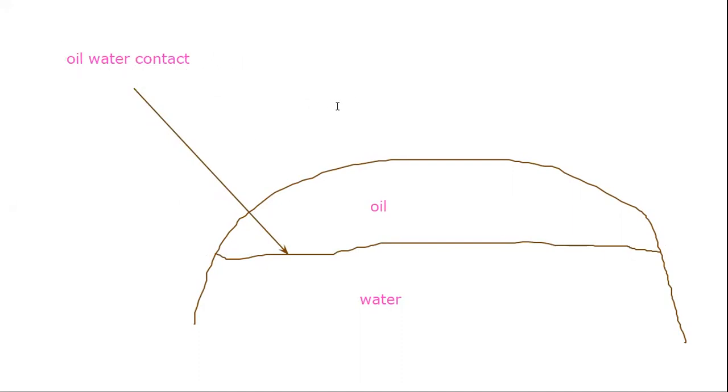Okay. Then when we put the well here, sometimes what happens, this oil water contact, this water, whose top point is this level, sometimes makes a shape like a cone.